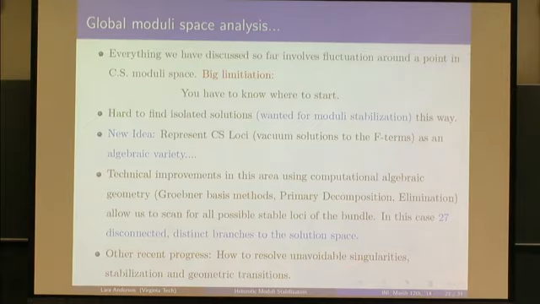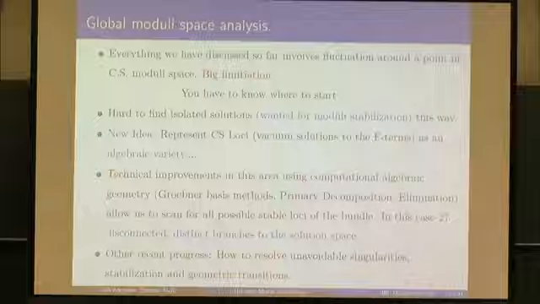And there is amazing and very rich substructure for this. So for the simple bundle that I wrote down, there are in fact 27 disconnected distinct branches to the solution space in complex structure moduli with different numbers of moduli stabilized. And it is possible to scan over all of these. And also we figured out how to actually track this type of data through conifold transitions.